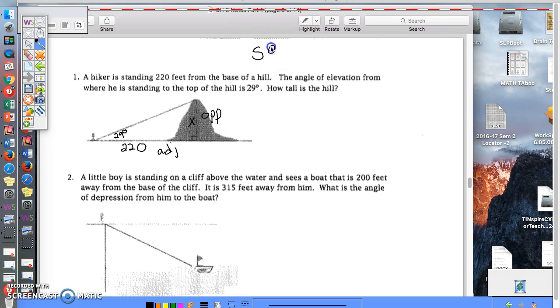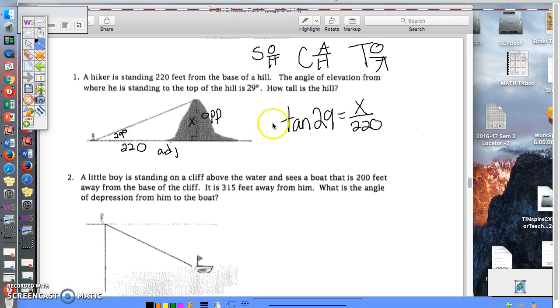So in SOHCAHTOA, we're using our tangent. So the tangent of 29 is x over 220. And to solve, we have to multiply by 220. So 220 times the tangent of 29 equals x.